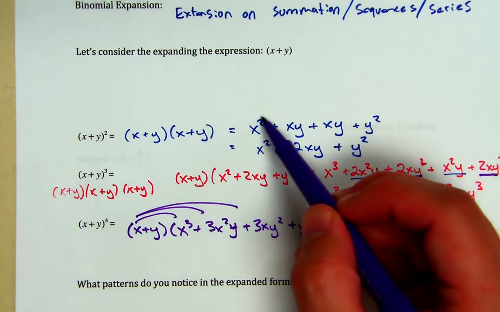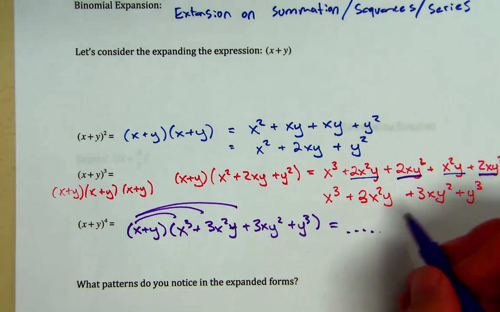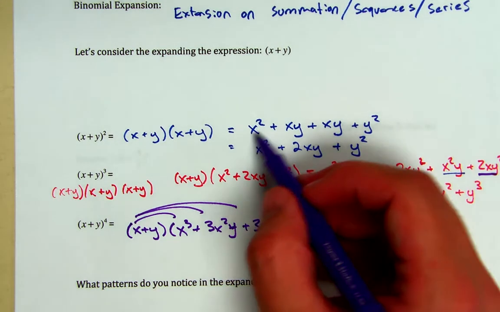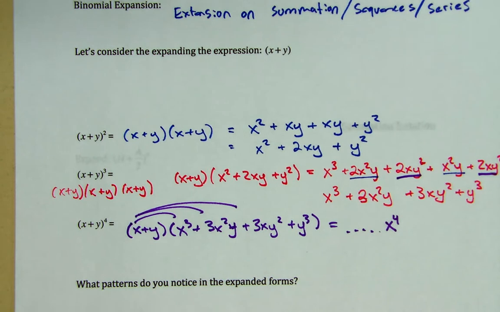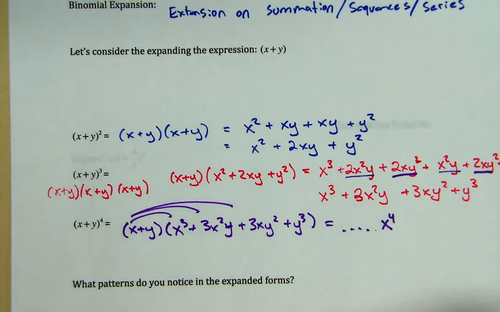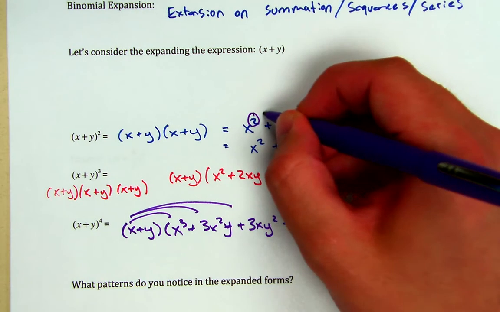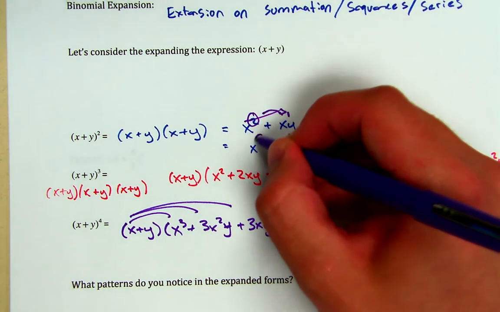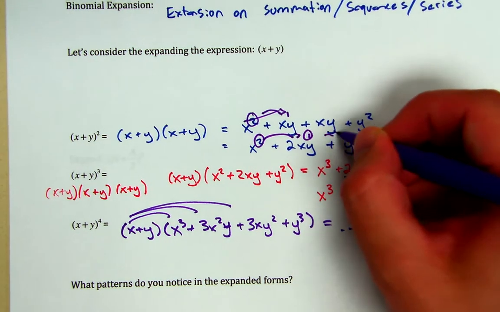So if I go here, notice there's an x squared, then an x cubed. Well, what do you think this is probably going to start with? x to the fourth. So that's one pattern to notice there. Starts with the first term, and we're cubing it. Well, then what do you notice next? Well, if this is power 2, look what it goes to, power of 1, and then it's non-existent.